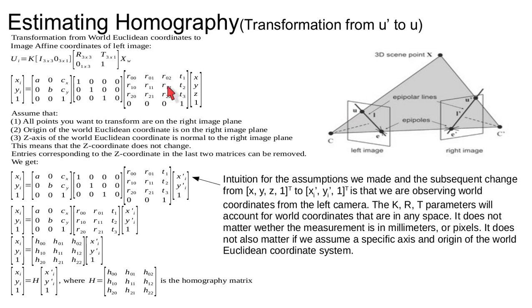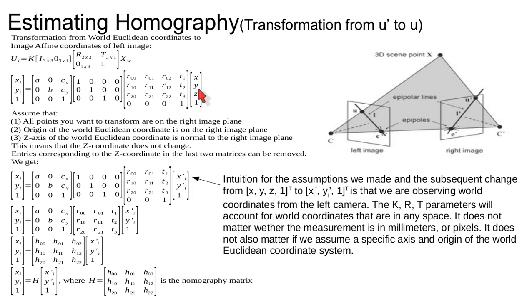The intuition behind the assumptions that we have made and the change from these coordinates, the world coordinates, to coordinates on the right image plane is that we are observing the world coordinates from the left camera. The k, r and t parameters that we have used will account for world coordinates irrespective of what space they are in.